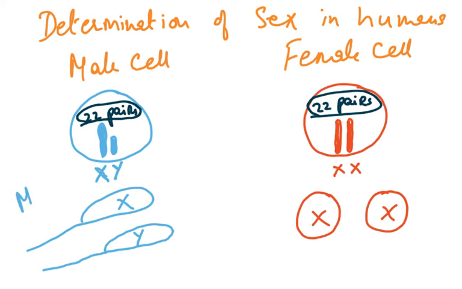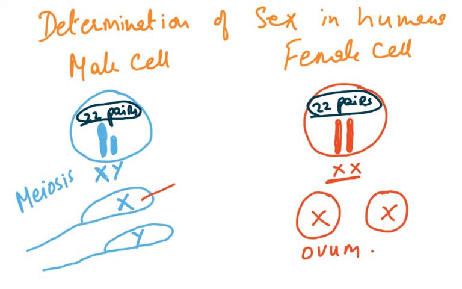The longer one is called the X chromosome, and the shorter one is called the Y chromosome. So when meiosis takes place in the testes, the sperms will contain either an X chromosome or a Y chromosome. Out of 50 million sperms, 25 million will be X and 25 million will be Y. While the ovum, because the female gender is decided by the 23rd pair, which is XX, the same length, will always have an X chromosome.